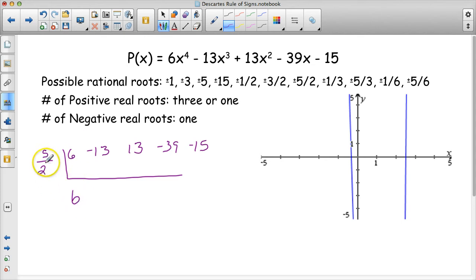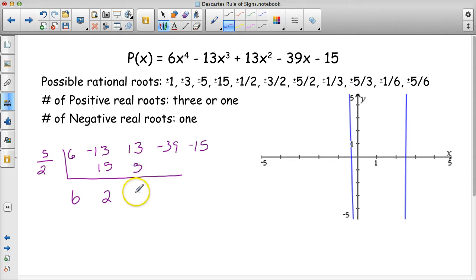If we take 6 and multiply it by 5/2, we get 15. The way we do that is we take the 6 and we can divide it by 2. That gives us 3, and 3 times 5 is 15. Now we add the 15 to our -13, and we get 2, and we multiply again. So 2 times 5/2 is 5.